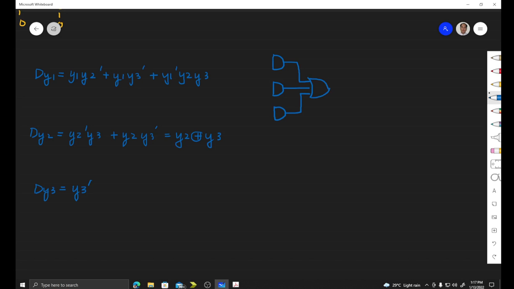And that will be our input for our first flip-flop dy1. So this is our y1 flip-flop. This is our input D. So we have our clock. So we have here y1 prime.